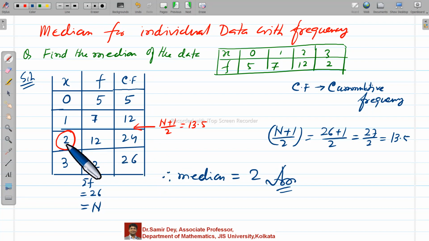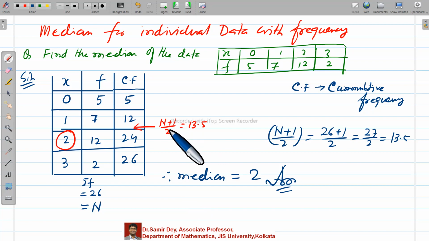The corresponding x value will be the median of the given data. Clear? So if any value is matching, 12, 5 or 24, 26, whatever, the corresponding value of x will be the median. And if it is not like this, then you should consider the next number, and the corresponding x will be the median value.